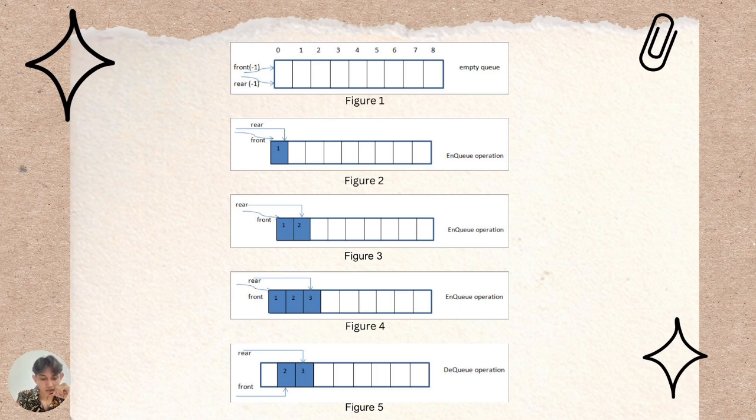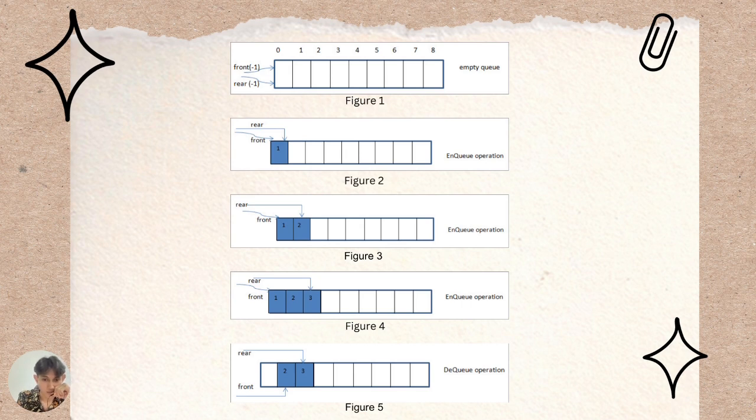Next, in figure 4, we add element 3 and move the rear pointer by 1. At this point, the rear pointer has value 2 while the front pointer is at location 0. Next, we delete the element pointed to by the front pointer.